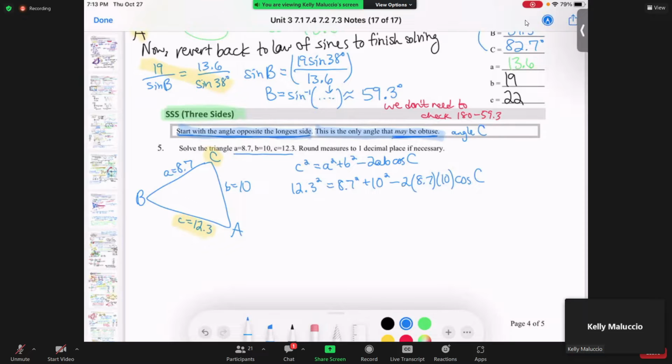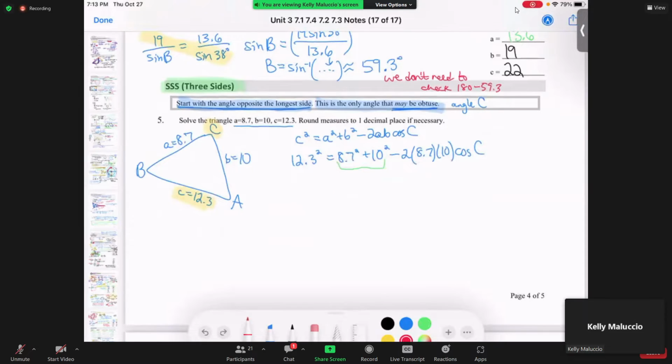Now, what we want to do here is take this and subtract it from over here, and then get cosine of C by itself, so we want to eliminate this as well. So let's take a look.